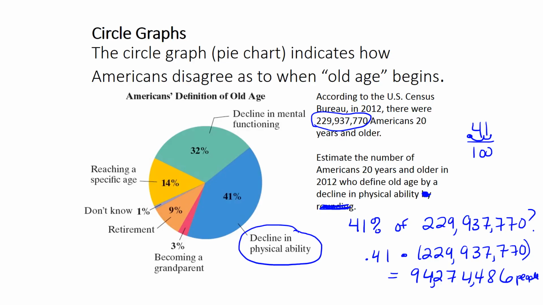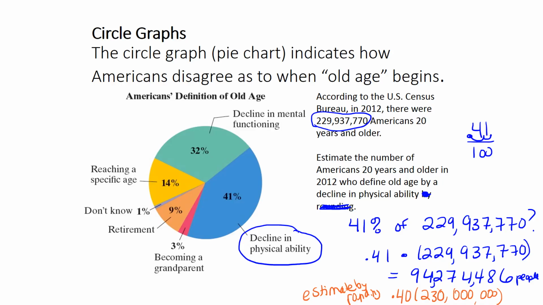If you did want to estimate, I guess we could do that by rounding. I would probably do 40% or 0.40 times 239. Oh, it was 229. So that's something that you could do as well.